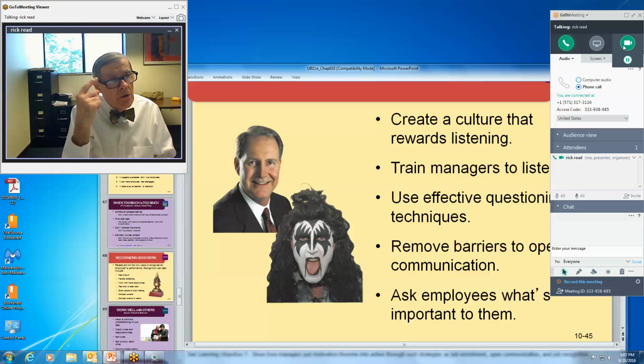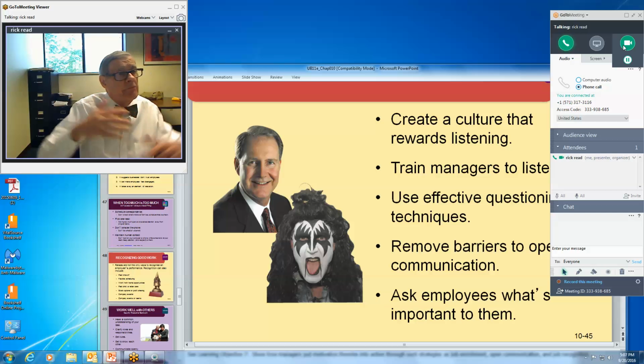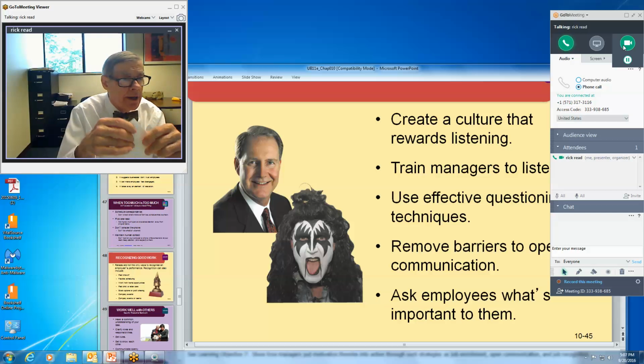We are so interested in formulating our response to what's being said that we stop listening, think about what we're going to say, and we miss part of the message. So this is what this is talking about. This is saying removing barriers to open communication and asking employees what's important to them. Some of the things we kind of discussed in the review of the videos for last week.